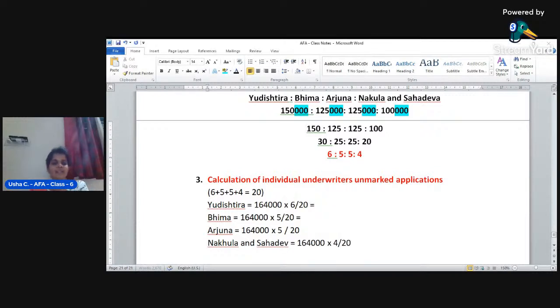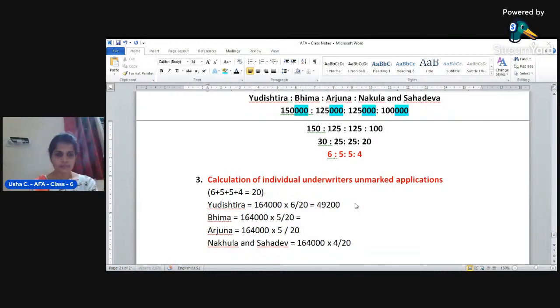Now calculate and tell me how much value of unmarked application belongs to whom. 1,64,000 divided by 20 is 8,200 into 6, 49,200.